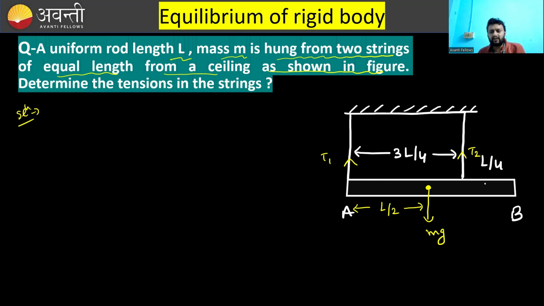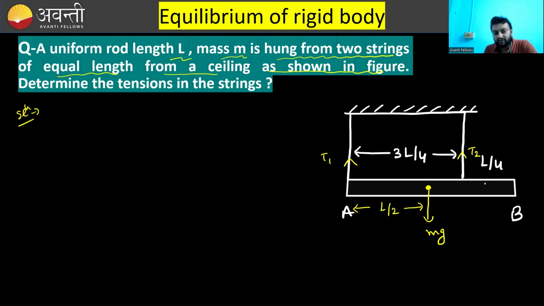It will not move actually. You can see that two strings are there, they are inextensible, so it will not move. So it will be in translational equilibrium as well as rotational equilibrium. When it's in equilibrium, we can apply two conditions here. One is net force 0, another is net torque 0.